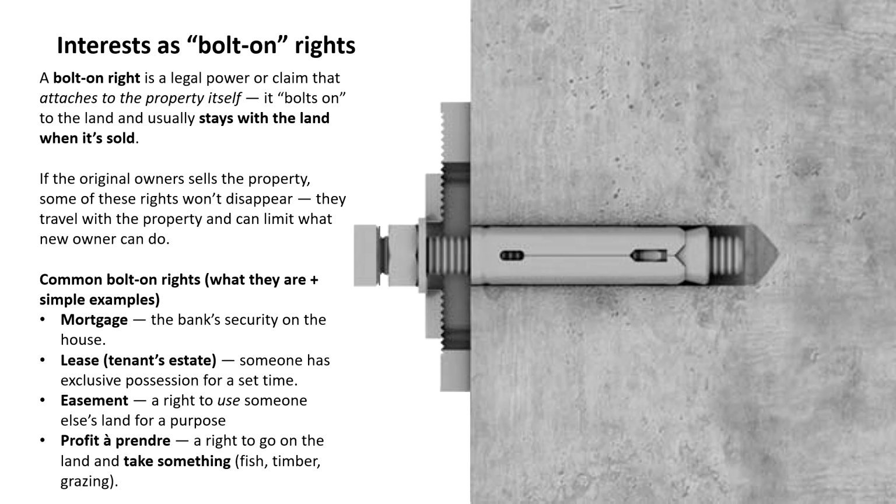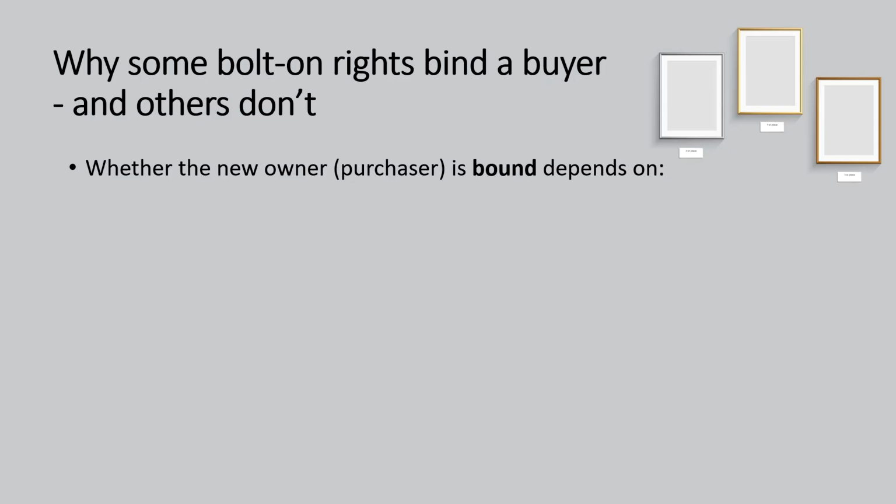That is a right to go onto the land and take something, normally something natural on the land, like fish from a pond, or timber, or certain plants, apples, something like that.